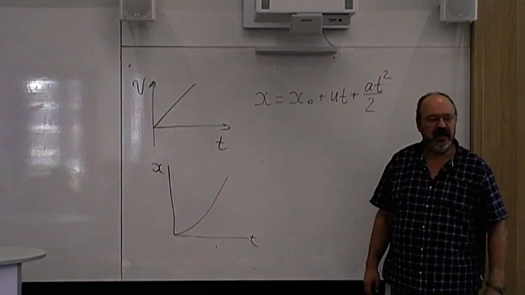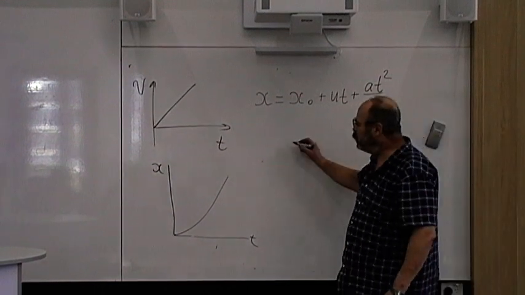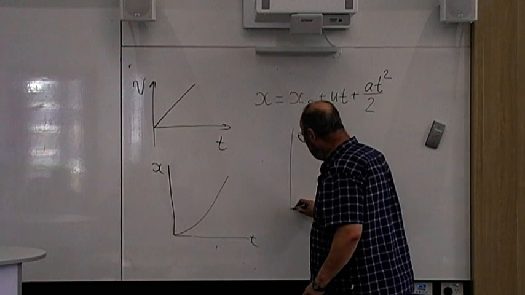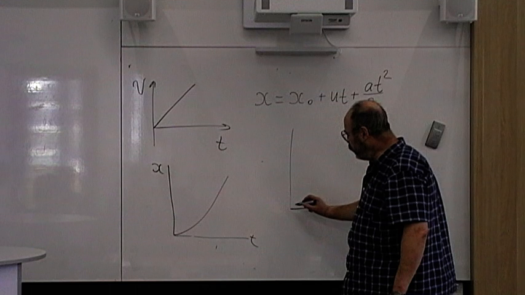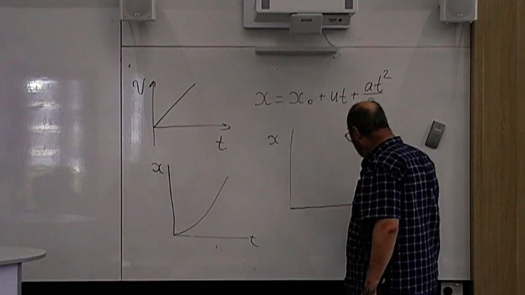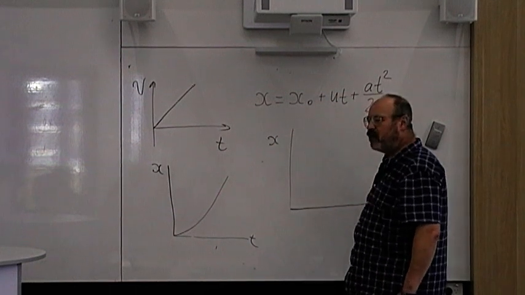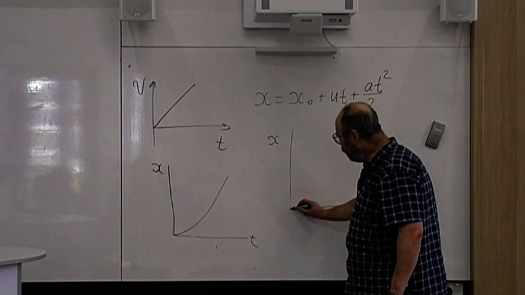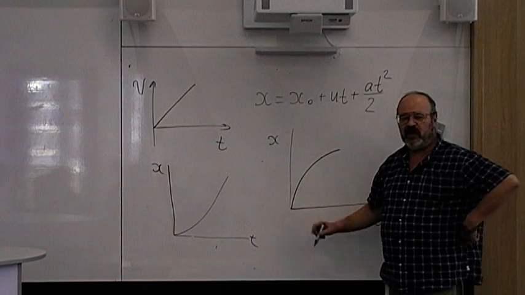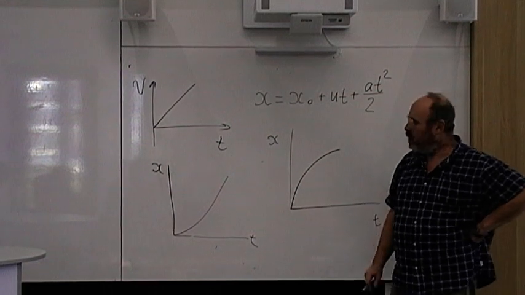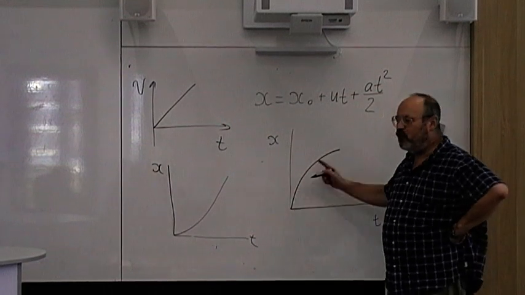Can you please tell me what happens with the object if the graph looks like this? What happens with the motion when x against t looks like this?